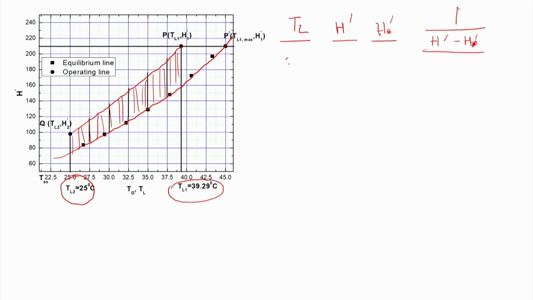So, we will start from 25 degrees Celsius. For that, the enthalpy value from the graph is 98, which we already derived, and at the equilibrium line that value is 75. So, 1 by 98 minus 75 comes out to be 0.043.